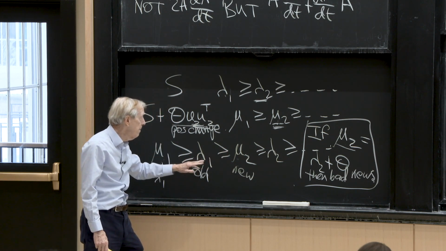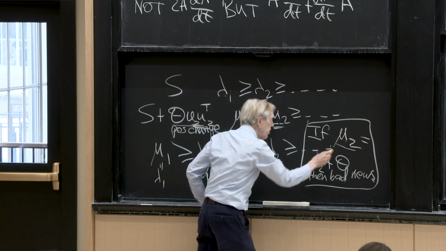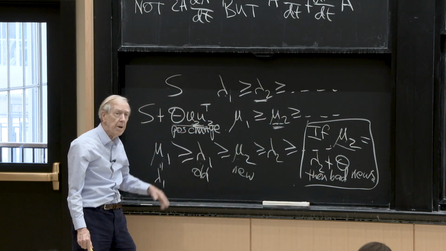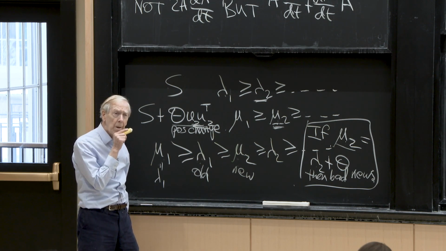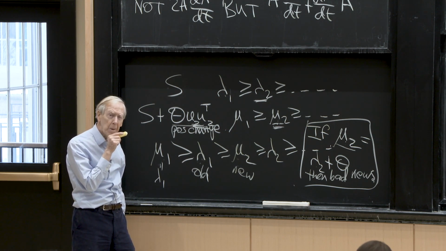So what happens when lambda 2 plus theta, which is mu 2, comes up to lambda 1 and I start worrying that it passes lambda 1? Do you see what's happening there?